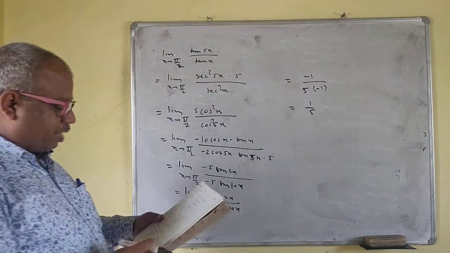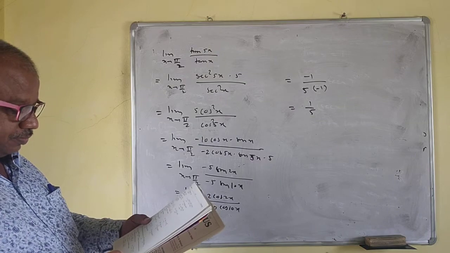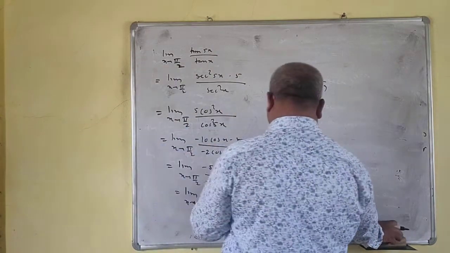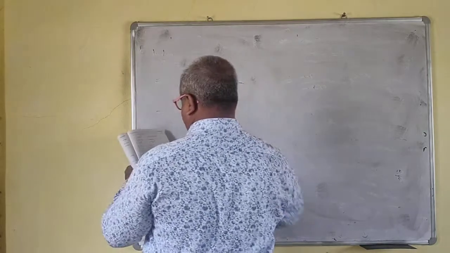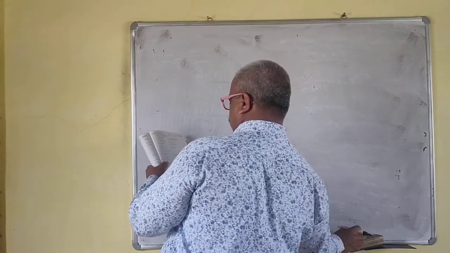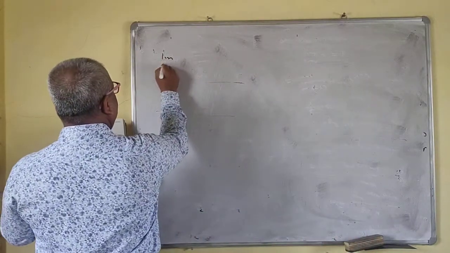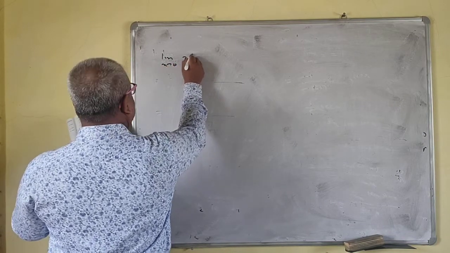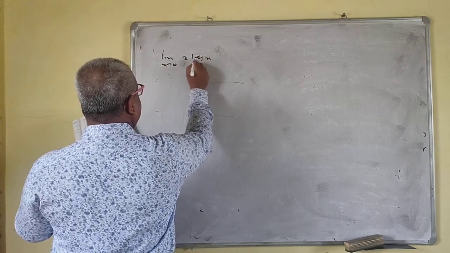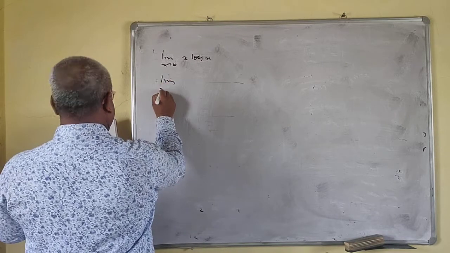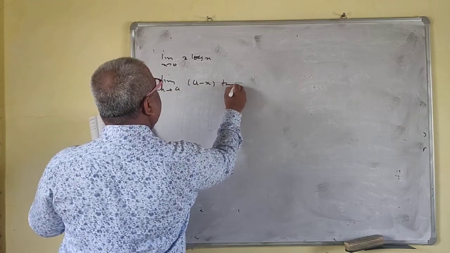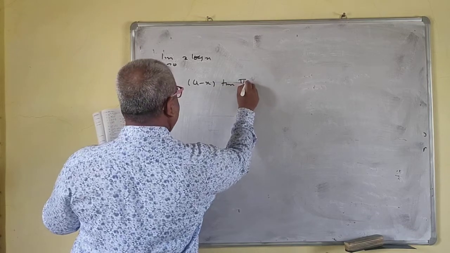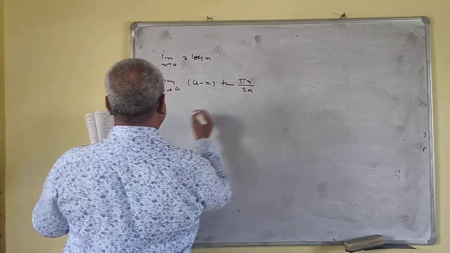Similarly, you can solve a number of problems on it. I will give you the exercise now. Solve these problems for exercise. Limit x tends to 0, x log x. Limit x tends to a, minus x into tan of pi x by 2a.